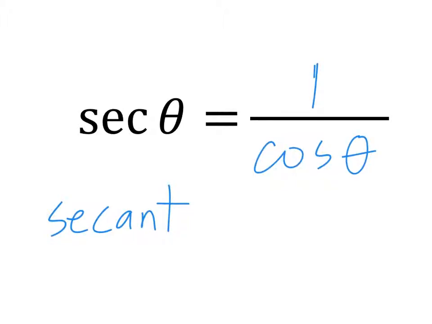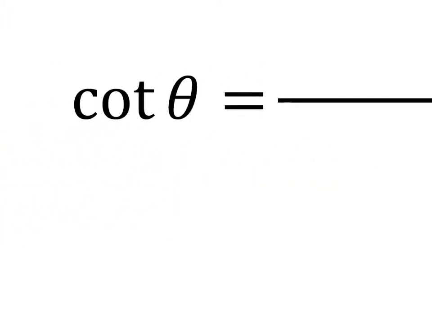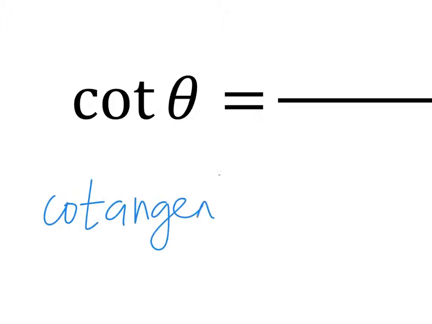This is 1 over cosine. So we have one that says cosecant, one says secant. The last one, COT, means cotangent. This one's easier to remember because it kind of matches up. Cotangent is 1 over tangent.